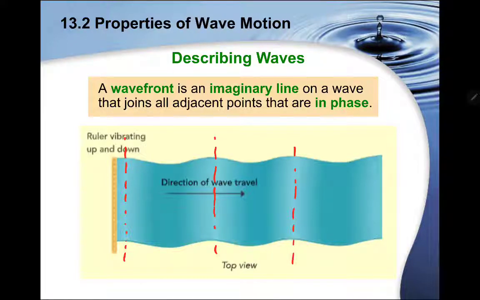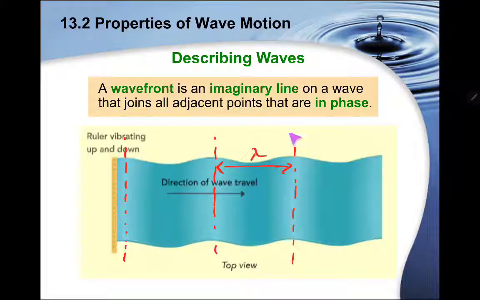Second thing to take note of is, what would this distance be called? If you are sharp, you will realize that if this is a crest and this is a crest, we learned just previously that the distance between two successive crests is called a wavelength. And also that a wavelength is the shortest distance between any two points in phase.